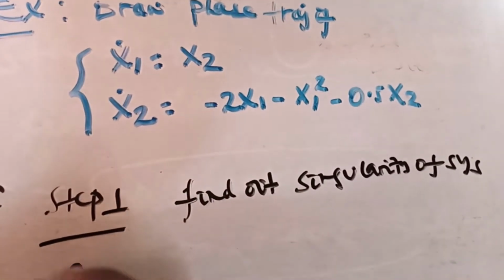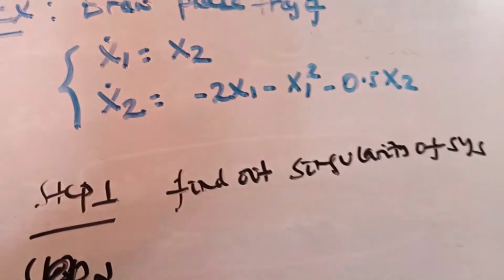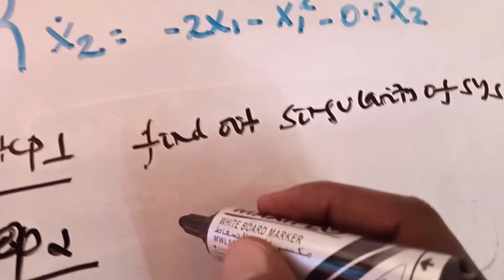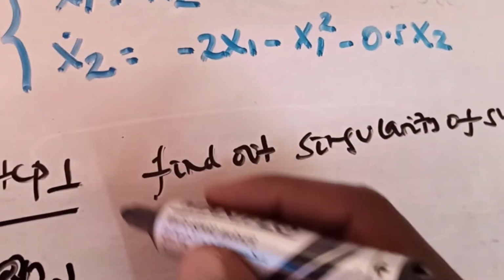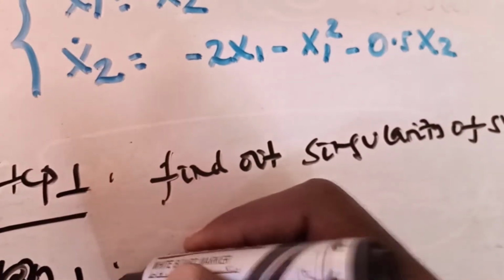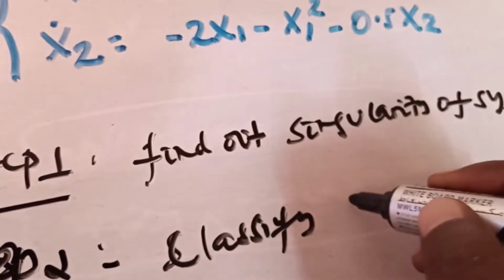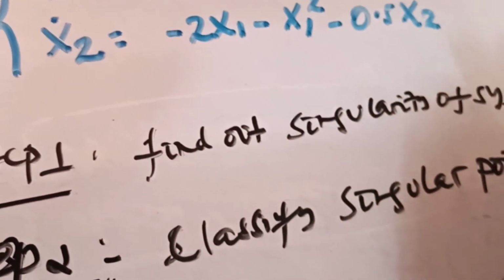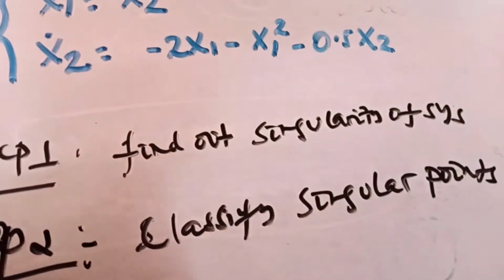The second step is to classify those singular points. Here we have to find out the singularity of the system, and after that we have to classify the singular points.